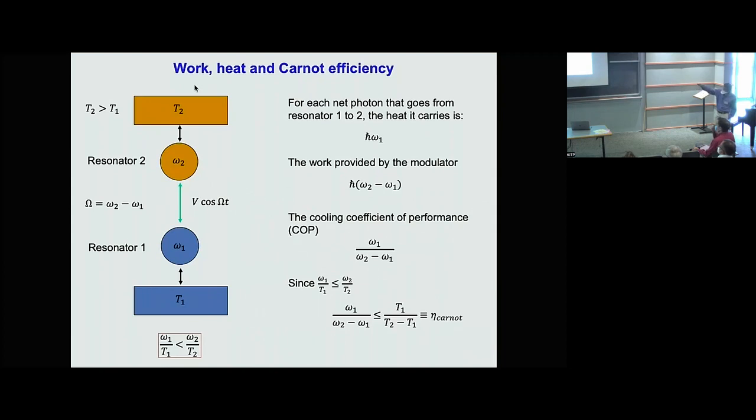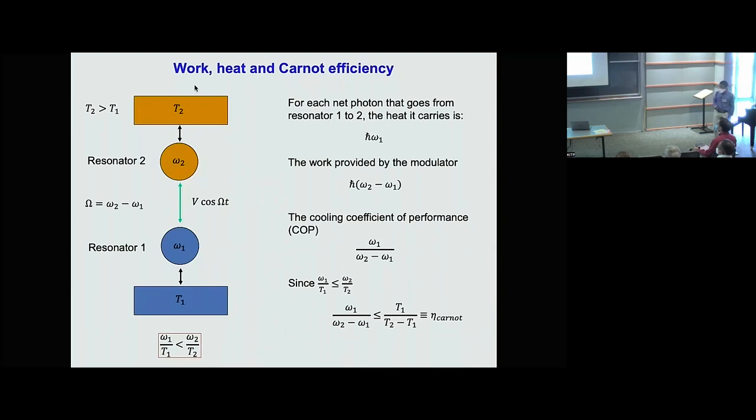So this is the amount of heat. And you would need to raise the frequency from omega 1 to omega 2, and the energy that's required, you have to pay, and that's the work that you put in. So therefore, you can compute a coefficient of performance, which is simply the heat that you pump out divided by the work that you pay.